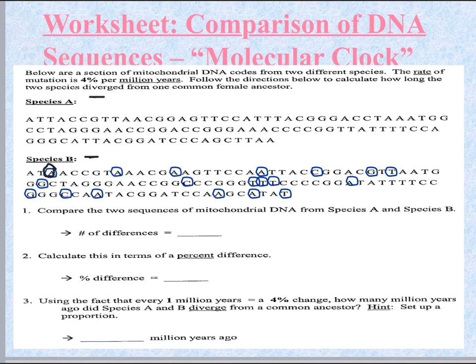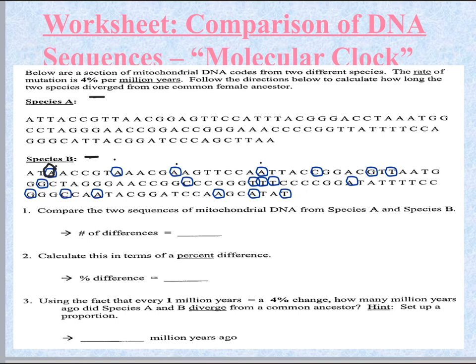So notice I'm not circling species A and species B, I'm just circling species B because that indicates one difference. Okay, so one difference, two differences, three, four. So what you would do is go through, match it up, apples to apples, every single letter, and every single time a letter is not the same, you would circle it.